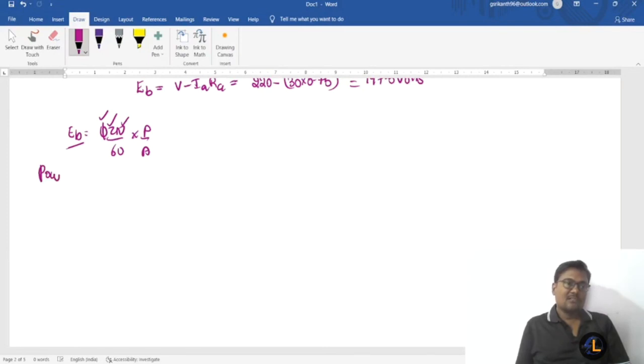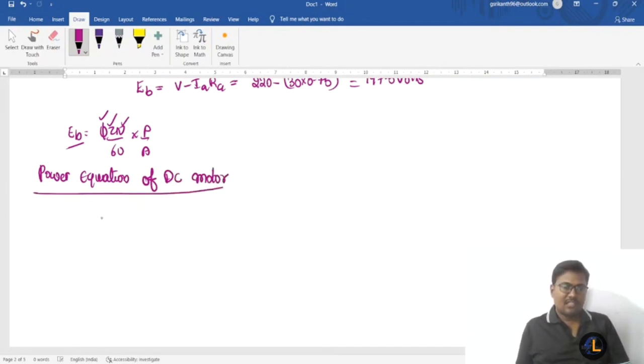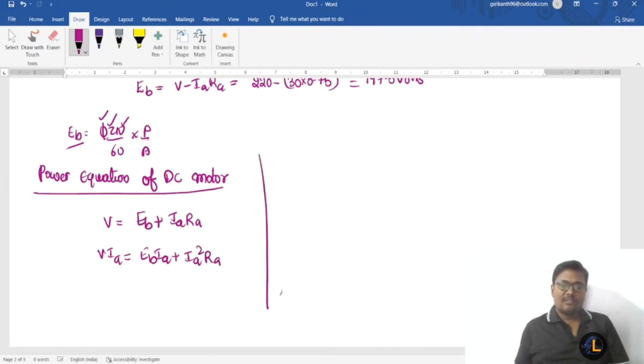And the next one is the power equation of a DC motor. V is equal to EB plus IA into RA, and multiplying both sides by the armature current, V IA equals EB IA plus IA square RA.